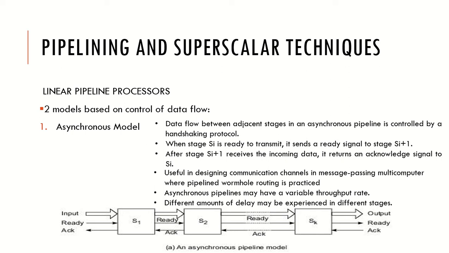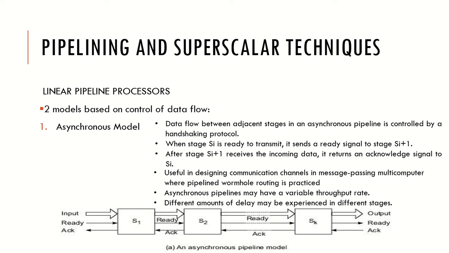If it is ready to accept, it will send back an acknowledgement signal, and after that the original data will be taken to the channel and passed to the corresponding stage of the pipeline. This is how the asynchronous model of a linear pipeline processor works.